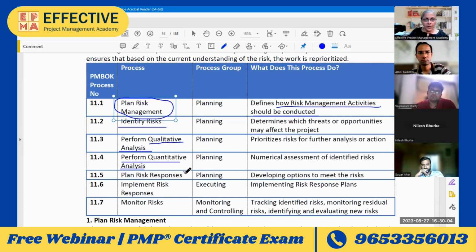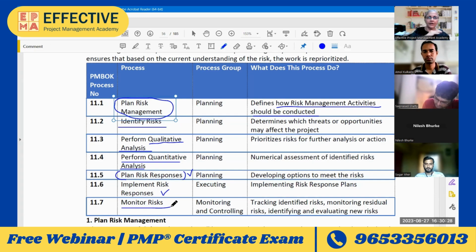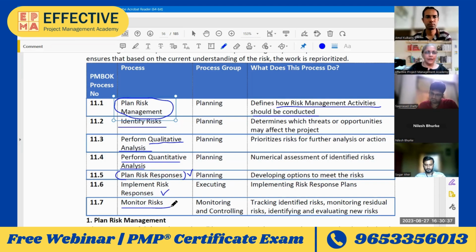Planning risk responses is planning what you will do in case a certain risk triggers. Implementing risk responses is actually doing those responses, and monitoring risk is checking that your plan and your action are going on well together. So these are the 7 different processes that are part of risk management.